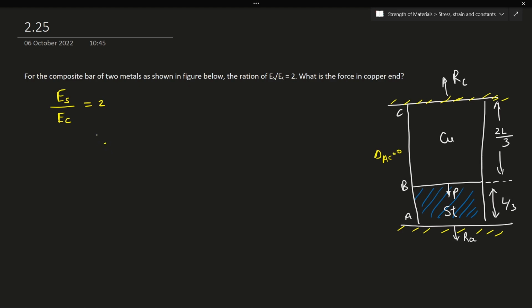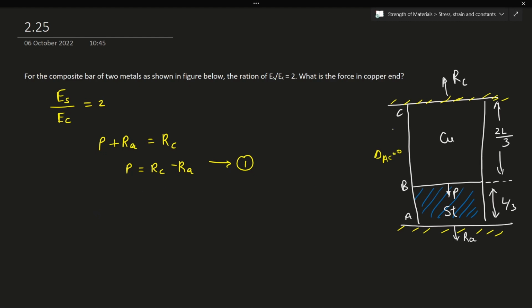First of all, let me write the static equilibrium equation. P plus RA will be equal to RC, right? So P will be equal to RC minus RA. I'll call this equation number 1.